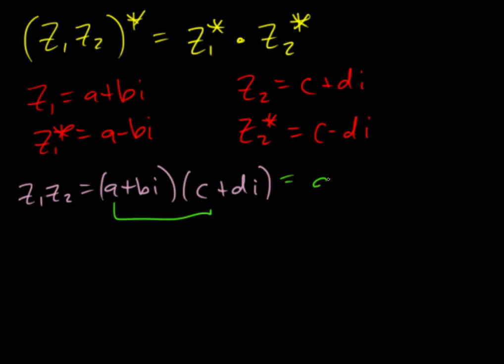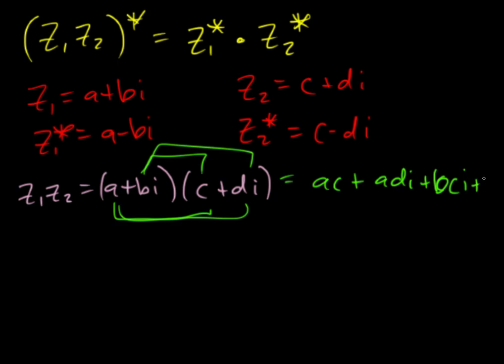Multiply those, that's ac. Multiply those, adi. Then bci, plus bdi squared. Now, remember that i squared is negative 1. So we change the sign right there.